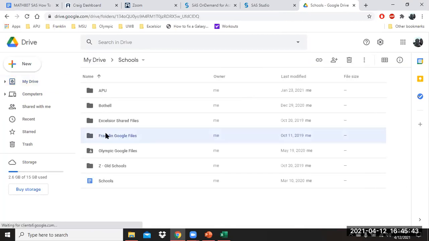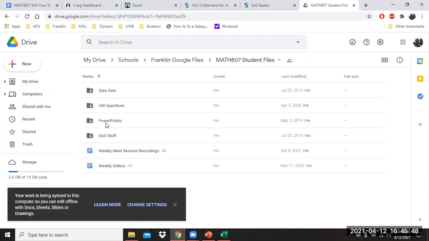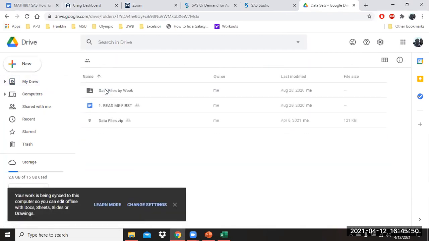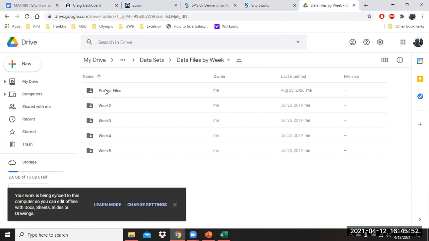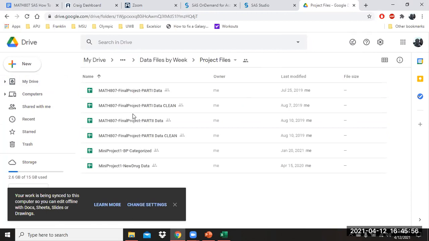So let's see. Data sets, data files by week. Under here, project files. Then here's the mini project new drug data, which is just the whole set of data that you need for all the other questions.